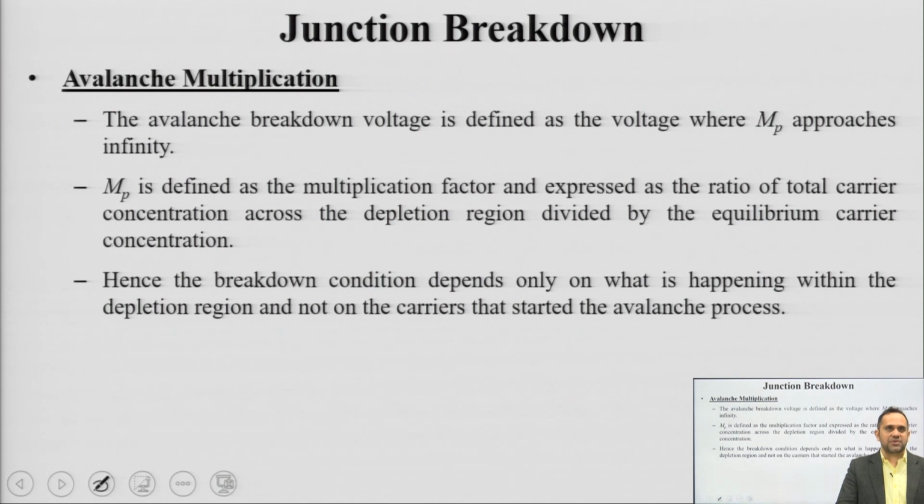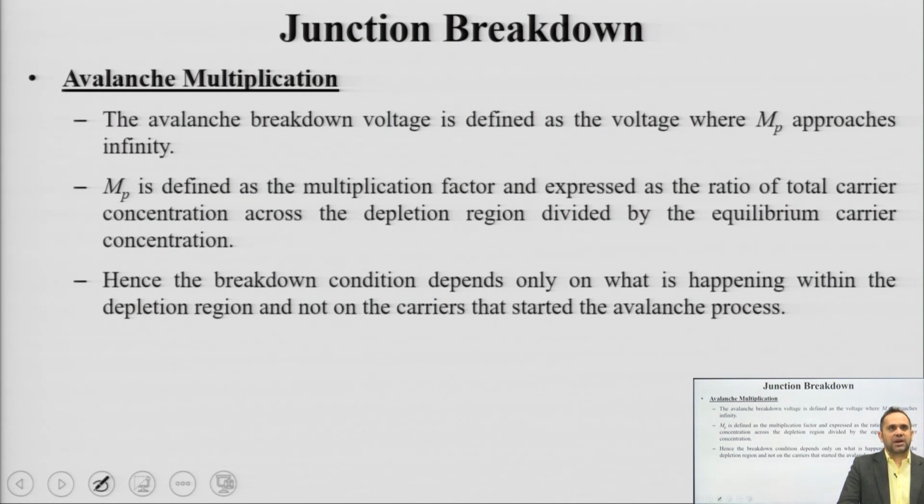In the IV expression, we had assumed that there is no extra generation or recombination. But when you are trying to break down at high voltages, there can be certain generation. So, net concentration divided by equilibrium concentration is your multiplication factor. When this approaches infinity, that is where we say that avalanche breakdown has happened.